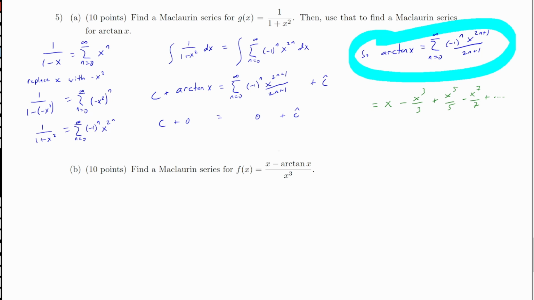Okay, so if I take x minus arctangent of x, it's going to do two things. It's going to get rid of my very first term, and it's going to switch all of my negatives. So the subtraction will cancel my first term.